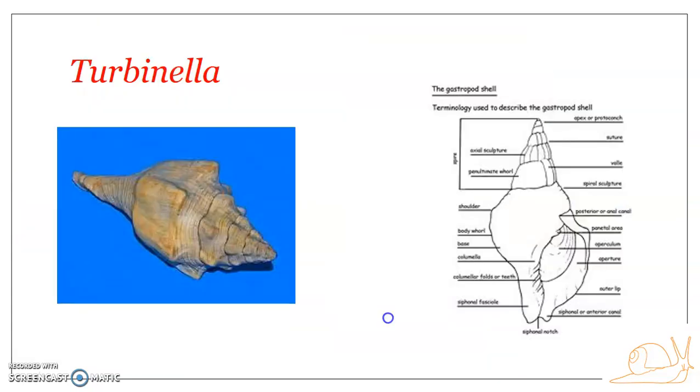Okay, now we can see the example Turbinella. As already mentioned, Turbinella is otherwise referred to as Sancus because of the shell. It is used as shankar in India. It is the Indian shank shell, and it is a gregarious marine mollusk in the sense it is usually found in large groups in the sandy or muddy seabeds of the tidal zone, mainly in the Indian Ocean and the Caribbean seas.